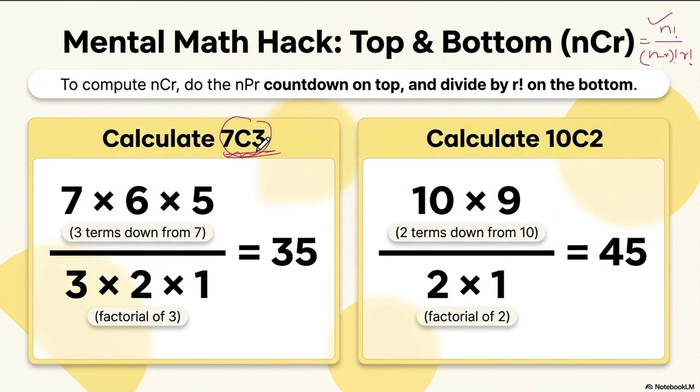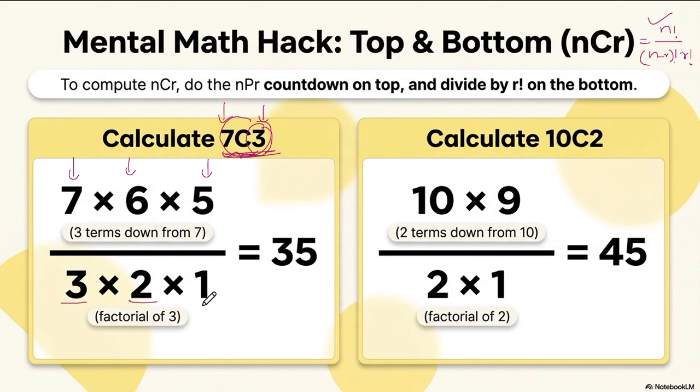Let's say 7C3. Look at the first number 7, second number is 3. The same thing as in permutation: write down 7, then 6, then 5, 3 digits. Now here there is an extra denominator. In the denominator, look at the second digit, which is 3. Write that down also up to 3 digits.